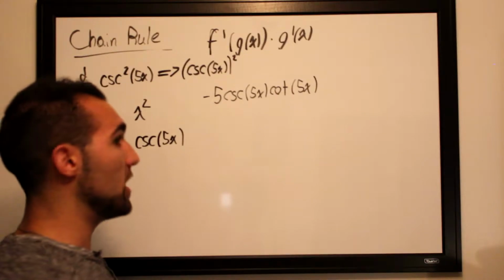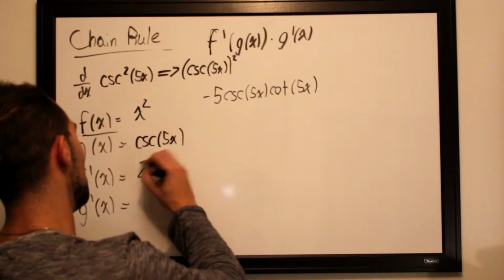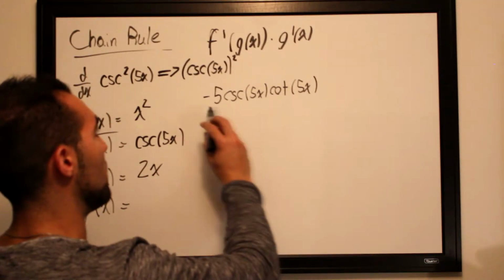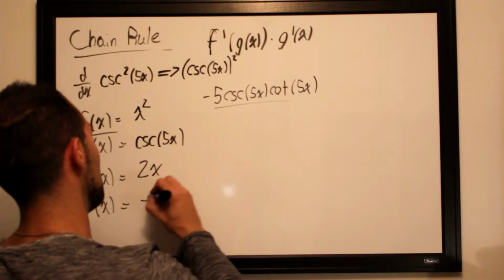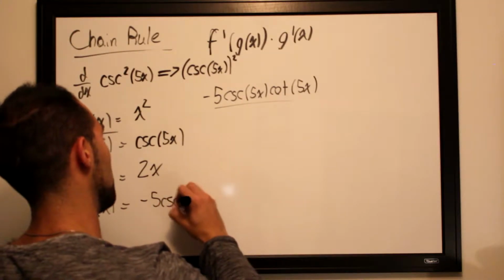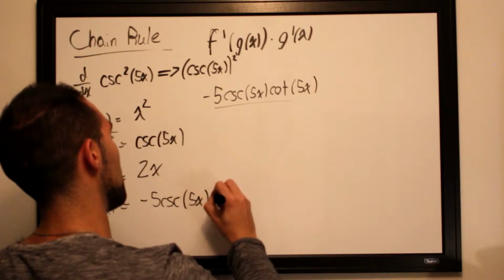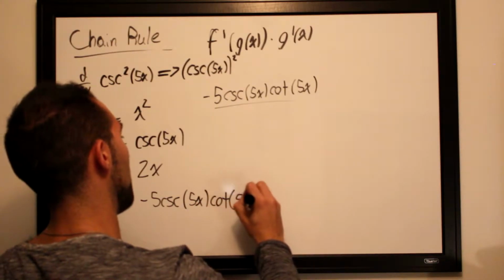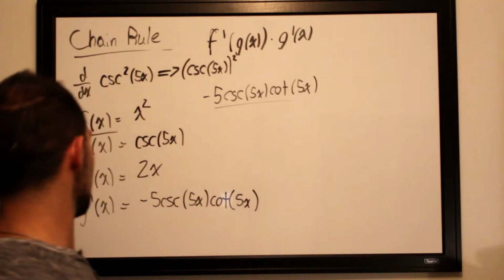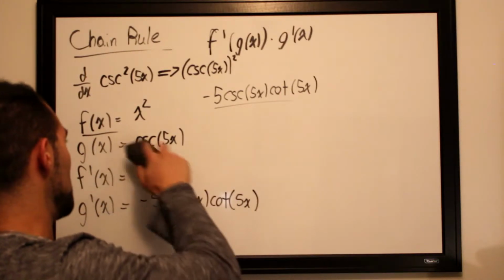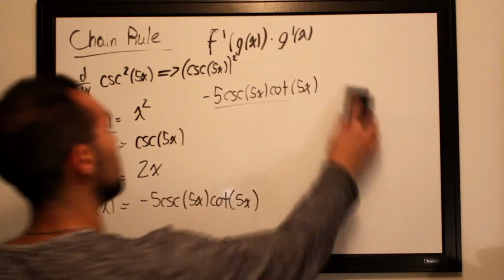And now we just take each of their derivatives as we did before, 2x, and this mess over here is our g prime. So negative 5 cosecant of 5x times cotangent of 5x. So same as before, we plug in g wherever it is that we see x in our f prime.